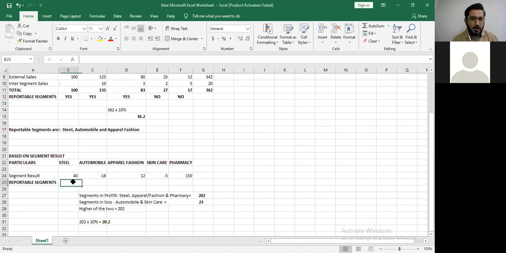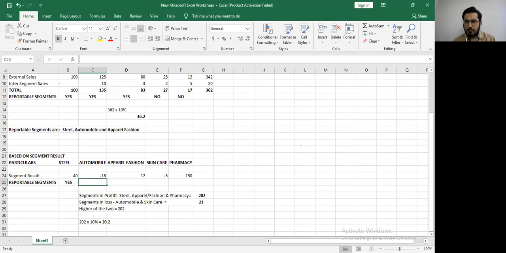So steel does require separate disclosures.